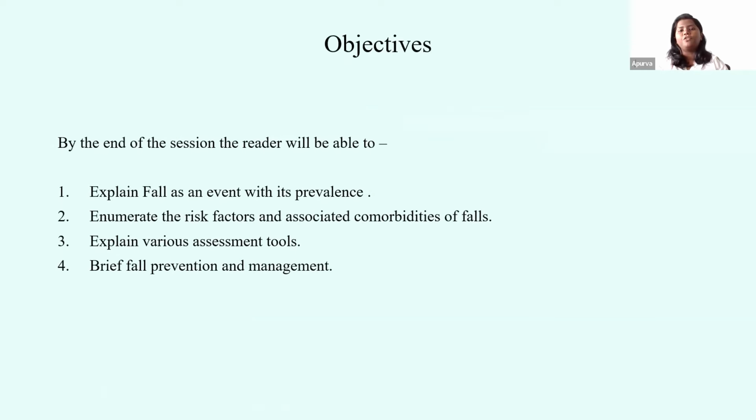The objectives of today's session are that by the end of this session, the viewer should be able to explain what a fall is as an event with its prevalence, enumerate the risk factors and associated comorbidities with falls, explain the various assessment tools available to assess falls with their psychometric properties, and give a brief about the fall prevention and management programs that are currently being practiced and are available in literature.